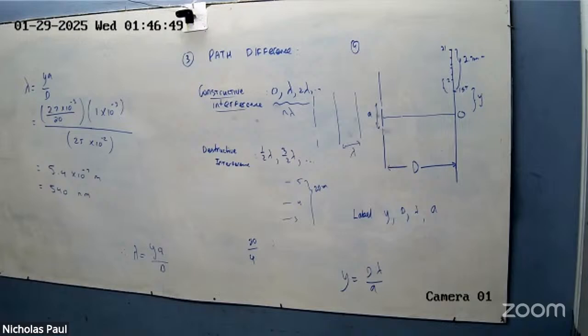You will know when to use d sine theta equals n lambda or when to use y equals d lambda over a. What are the key things you're looking out for?